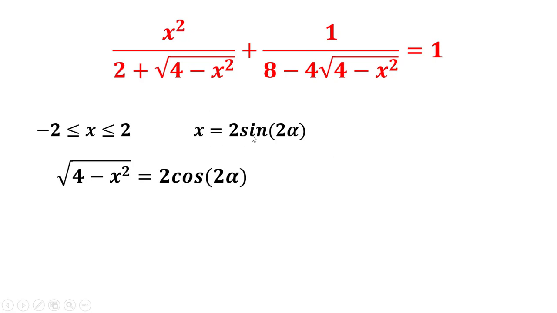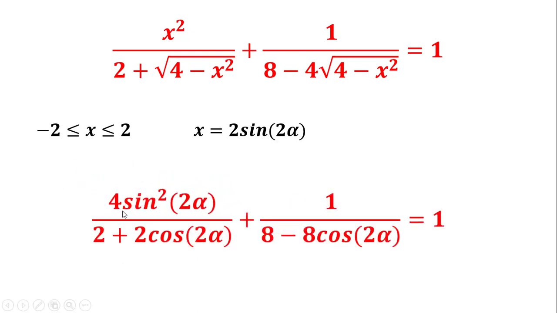If we replace x by 2 sine of 2 alpha in this equation, we're going to get 4 sine squared of 2 alpha over 2 plus 2 cosine of 2 alpha, plus 1 over 8 minus 8 times cosine of 2 alpha equals 1.